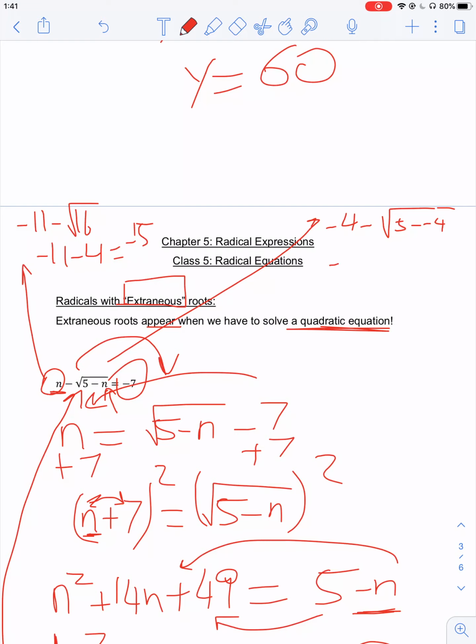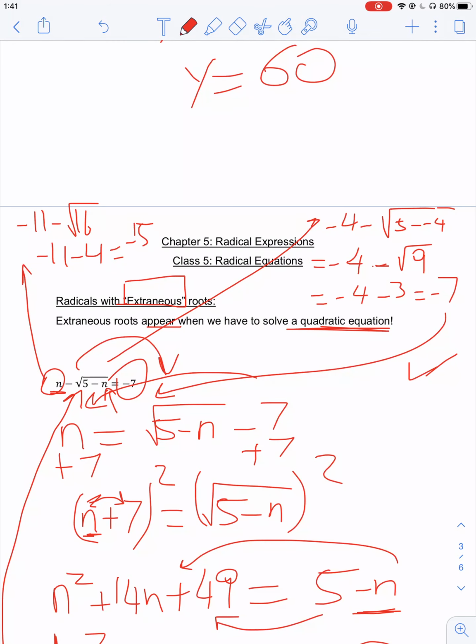So this becomes minus 4 minus the square root of 9, which is equal to minus 4 minus 3, which is equal to minus 7, which is what I have over here. So this one does work.